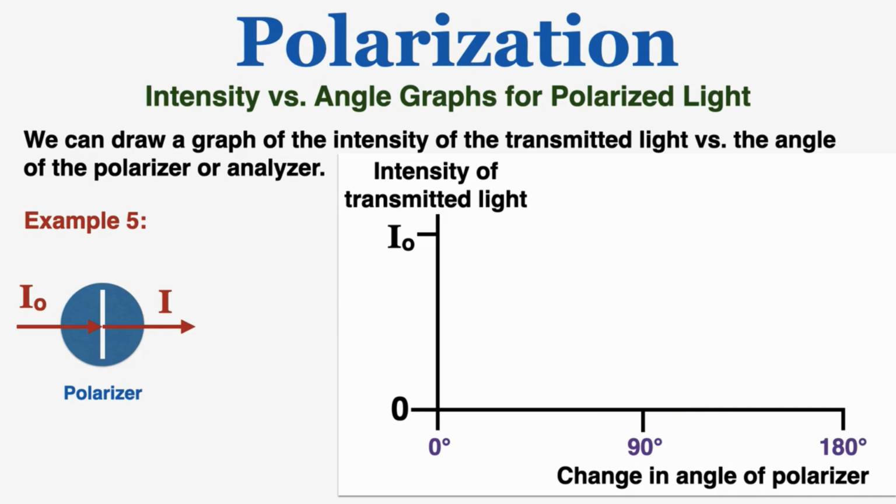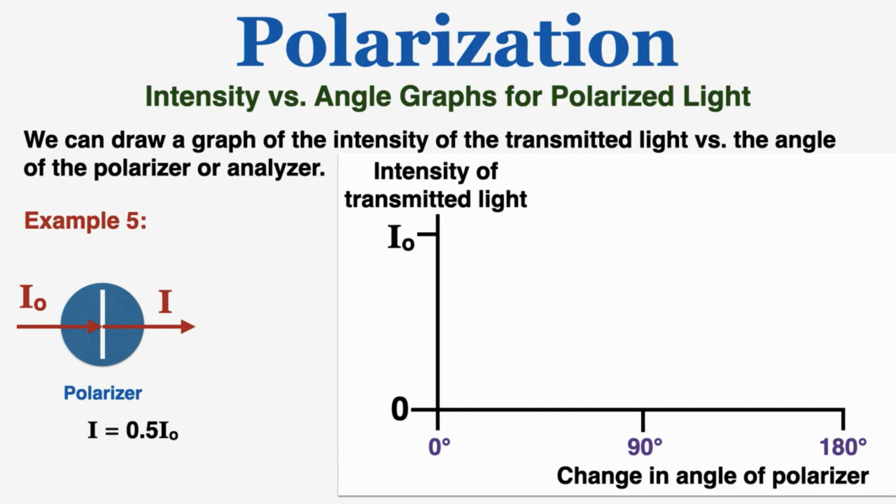There's a common trick question that students are given where you have unpolarized light passing through a polarizer, but there's no analyzer involved. You're just asked what would the graph look like as the polarizer turns, where the unpolarized light is the original intensity, and the intensity that you're graphing is the light leaving the polarizer. So remember that no matter what angle the polarizer is at, it's always going to reduce the original intensity by 0.5. There's no cosine squared involved because we're not using the analyzer on the polarized light.